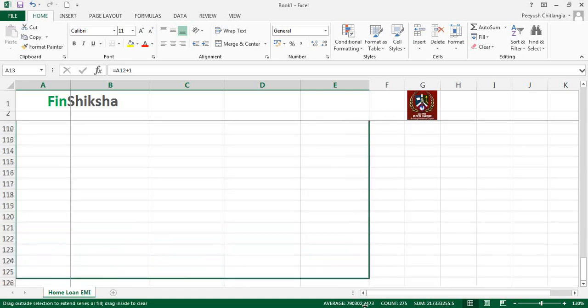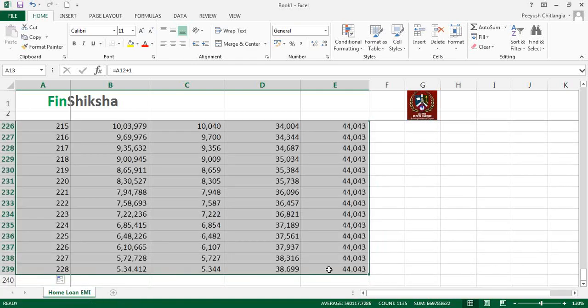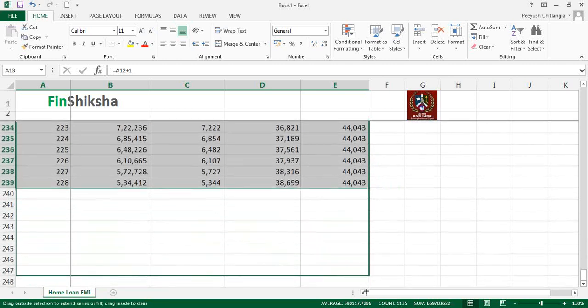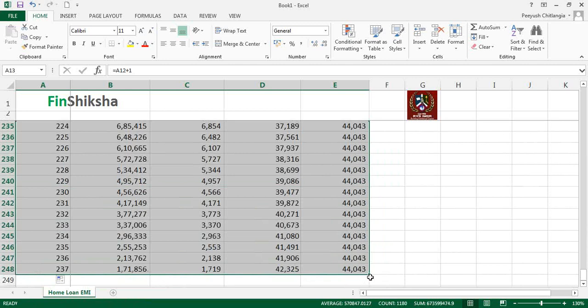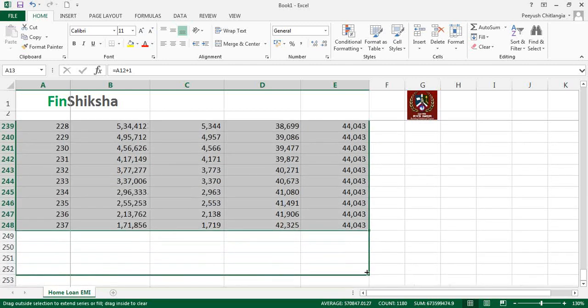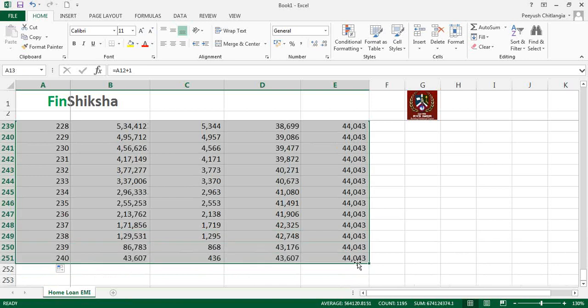We keep going down till month number 240 and we are till 228 months, and we go down further, so that's 237 and 38, 39 and 40, right?